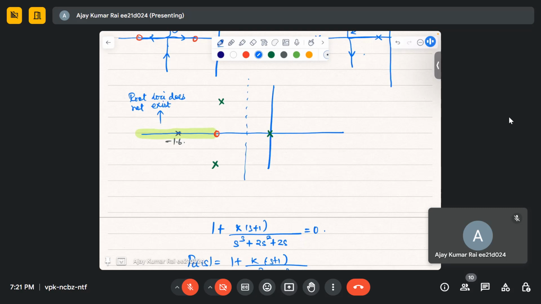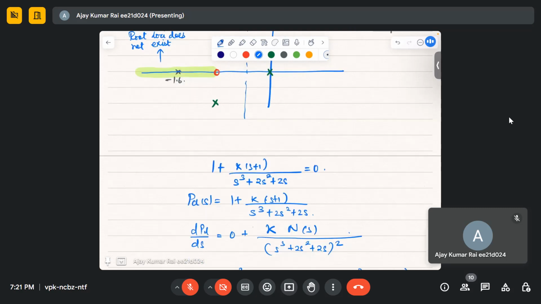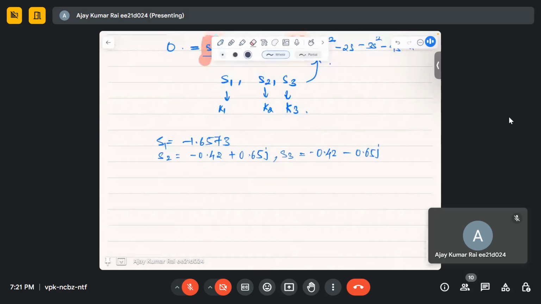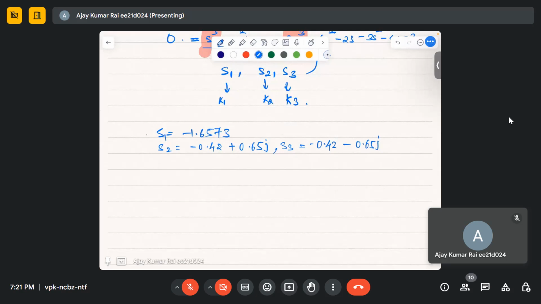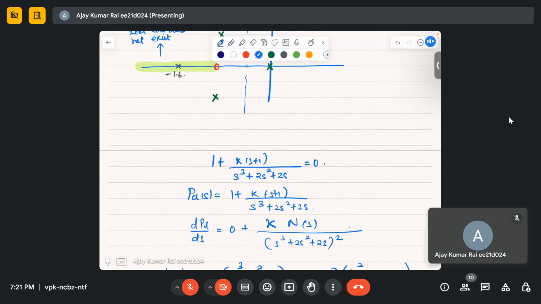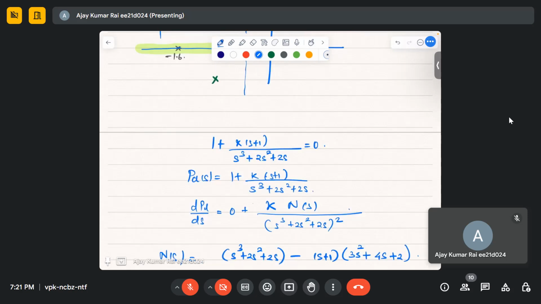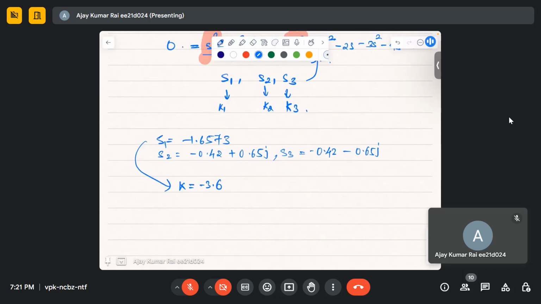One of the points I was getting by solving the equation is this. I solved for k also, and I was getting k as minus 3.6. That also says the root locus does not exist there. Also by looking at the graph we can say that at this point there cannot exist a break-in or breakaway point, and we can confirm it by calculating the value of k because I'm getting a negative value.